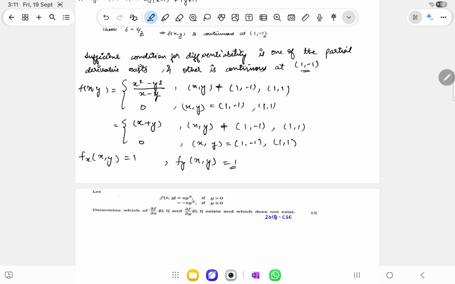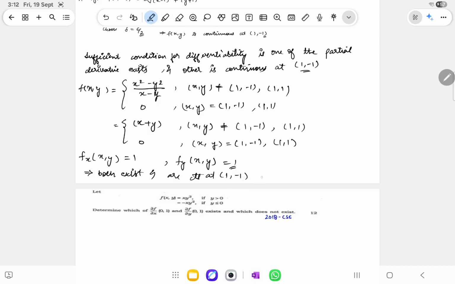So you can see that both the partial derivatives exist, and since we are getting a constant, both are continuous at (1, -1).